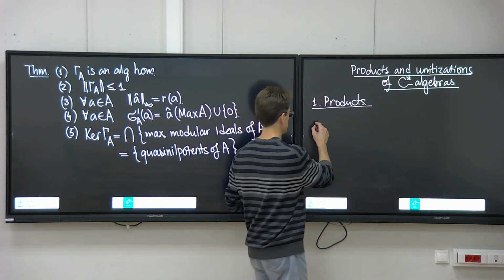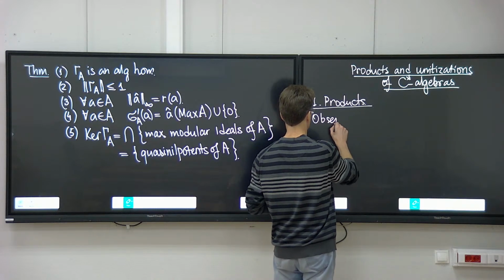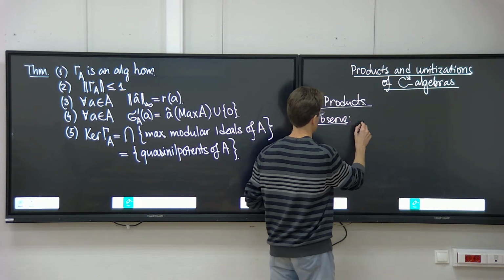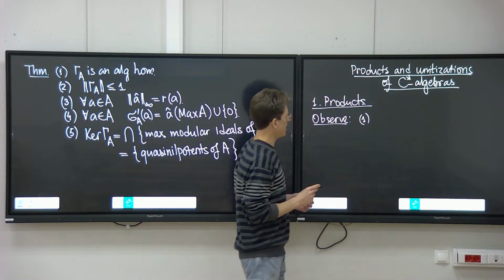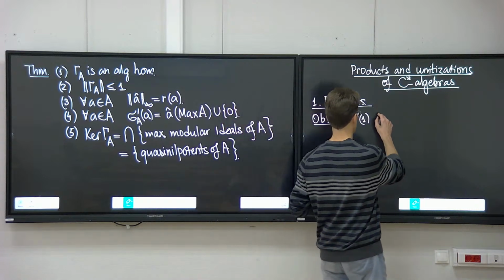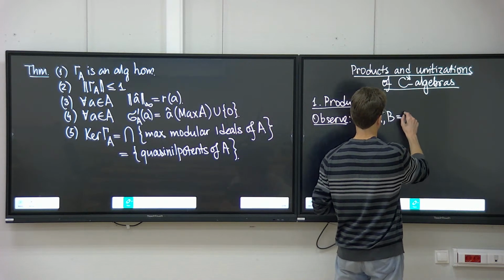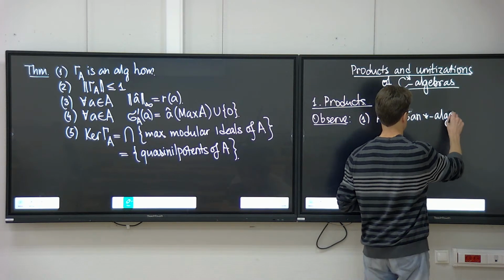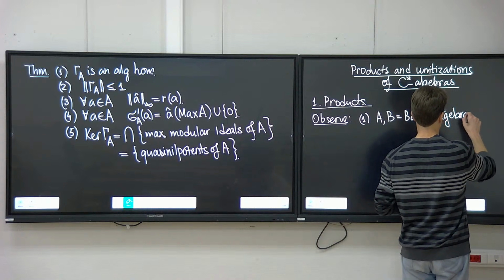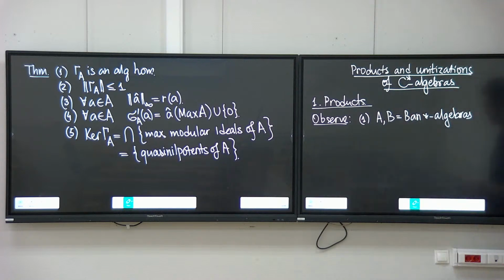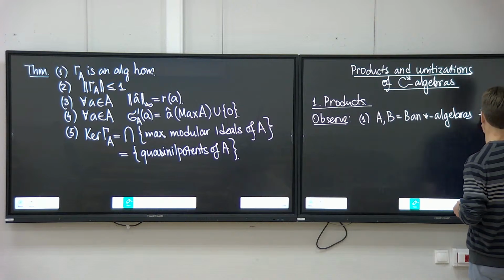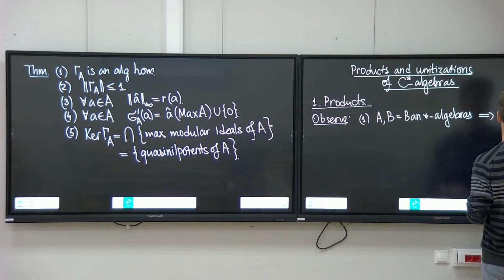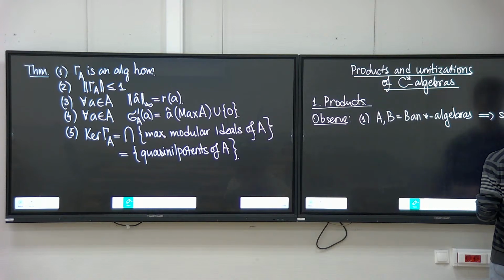Well, it's rather easy to observe that if we have two Banach star algebras, say A and B, we can form the product, or equivalently direct sum, and I claim that their direct sum, or their product, is also a Banach star algebra.